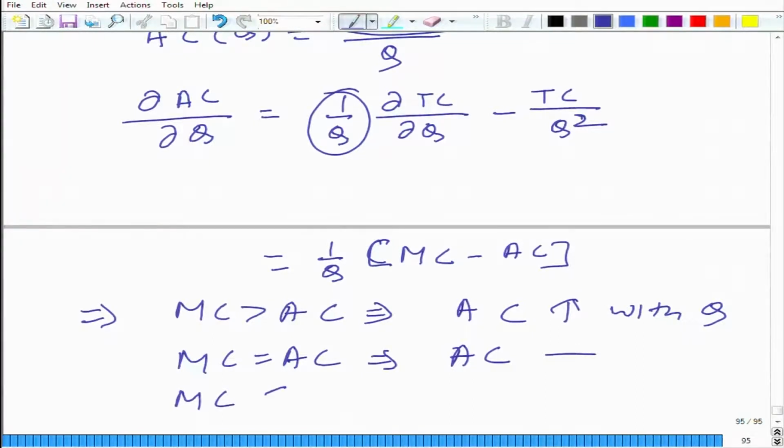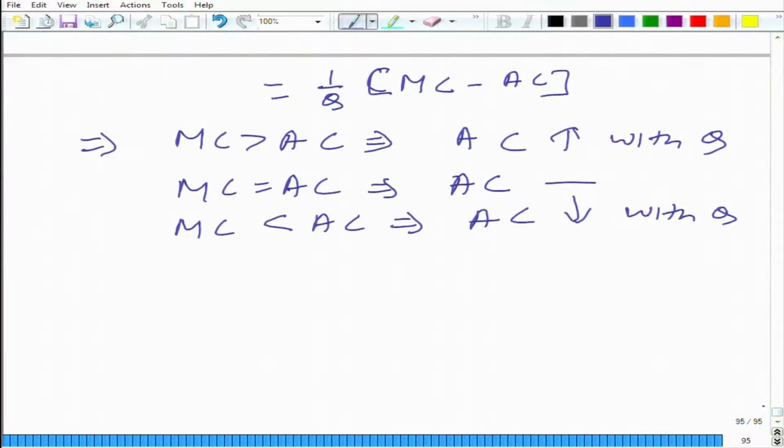And when MC is less than AC, AC is decreasing. Do you remember any such result from the earlier lesson? We talked about marginal productivity and we got a very similar result.